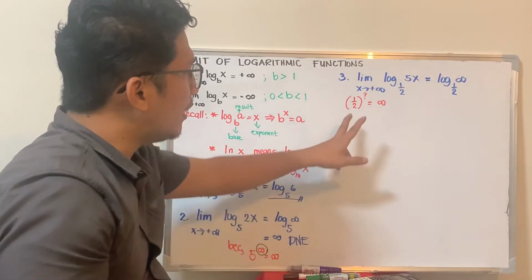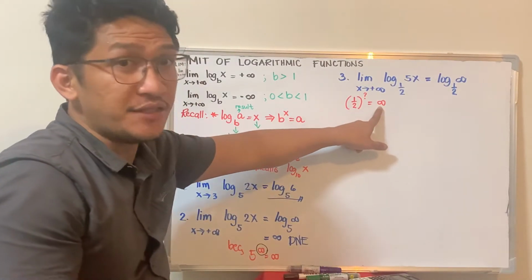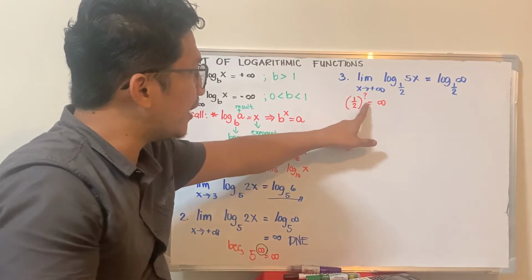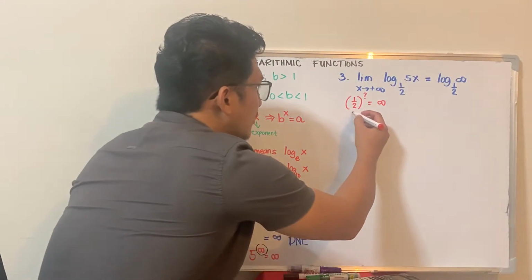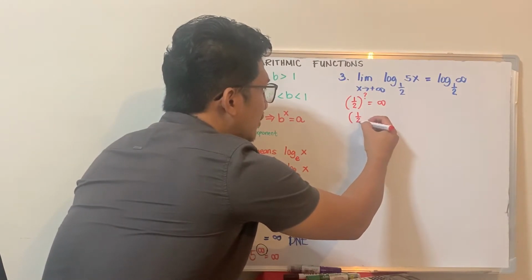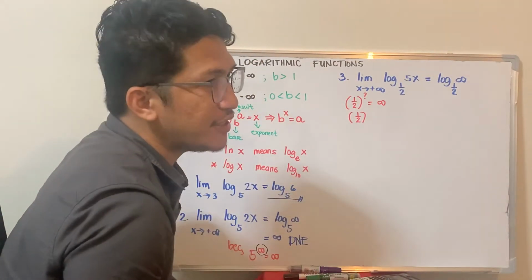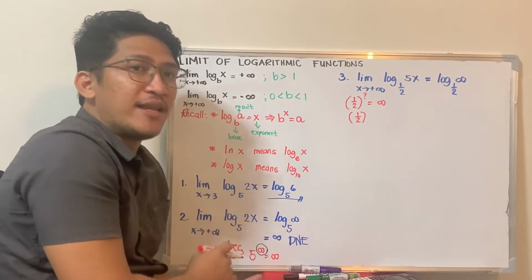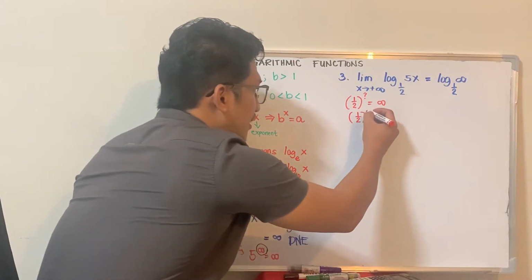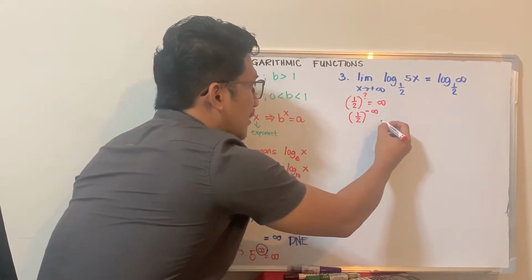So meaning, ang 1/2 raised to infinity is not infinity but 0. So infinity is not the answer here. Instead, we will be using the negative infinity. It takes experience for you to realize this. It should be negative infinity.